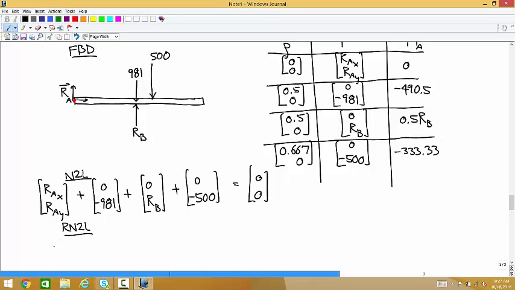And the moment equation says negative 490.5 plus 0.5 RB minus 333.33 is equal to 0.